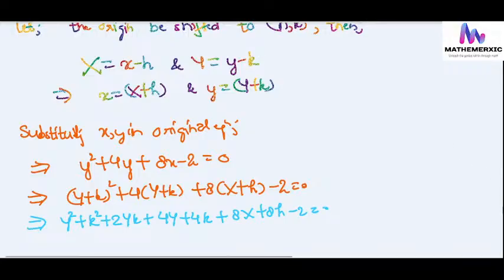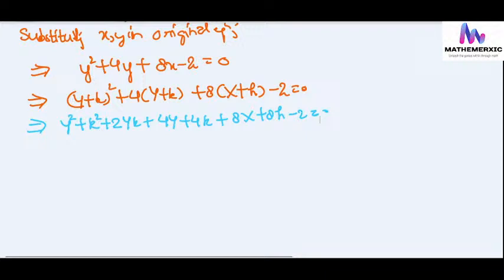And they have given a condition. Let us combine it. Y square I have taken and 4Y I have taken.